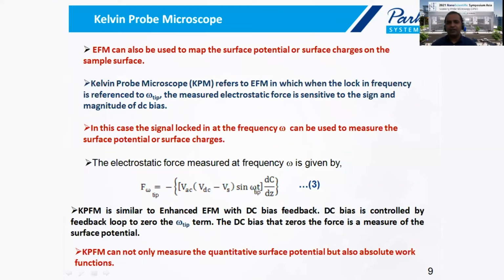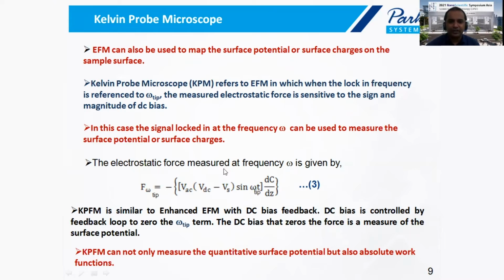In EFM, there is another very important mode called Kelvin Probe microscopy. This Kelvin Probe microscopy is governed by this equation number 3. Whenever you expand equation number 1, the second term that pops out is given by equation number 3, which we use for Kelvin Probe microscopy.